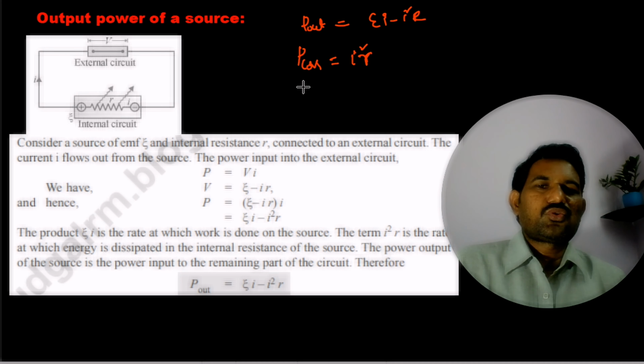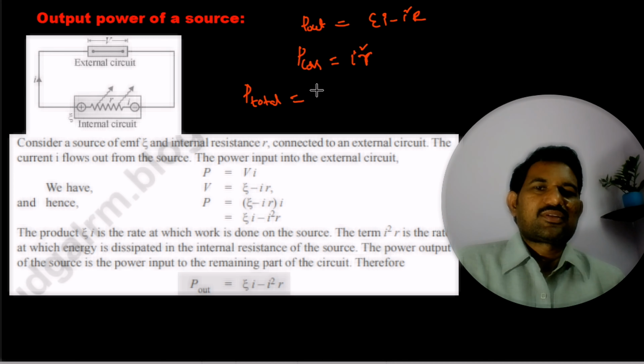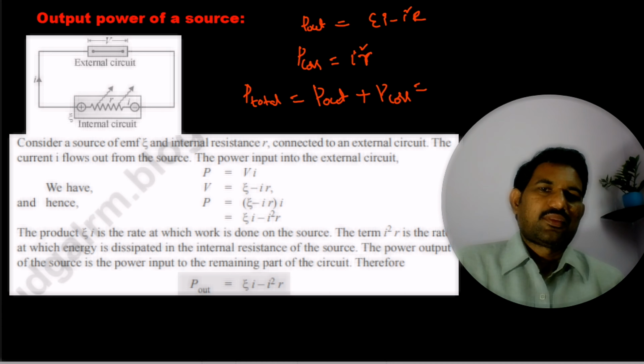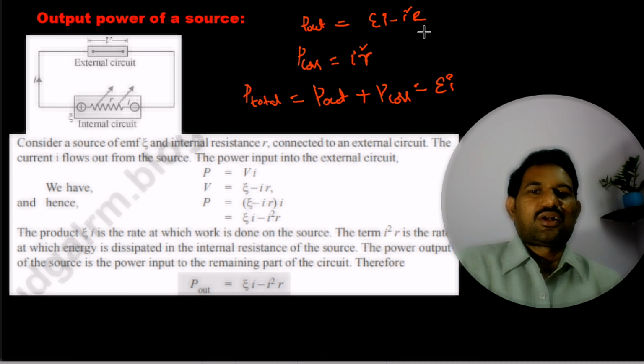So the total power delivered by the cell is the output power plus this loss. So you can write this as EI. The I square R term will be cancelled here.